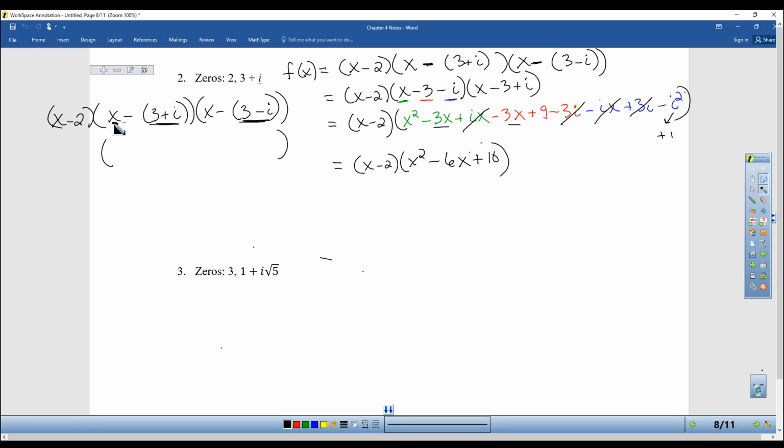And then I know that it's always the first times the first, and then the inners and the outers are going to have these two pieces added together.